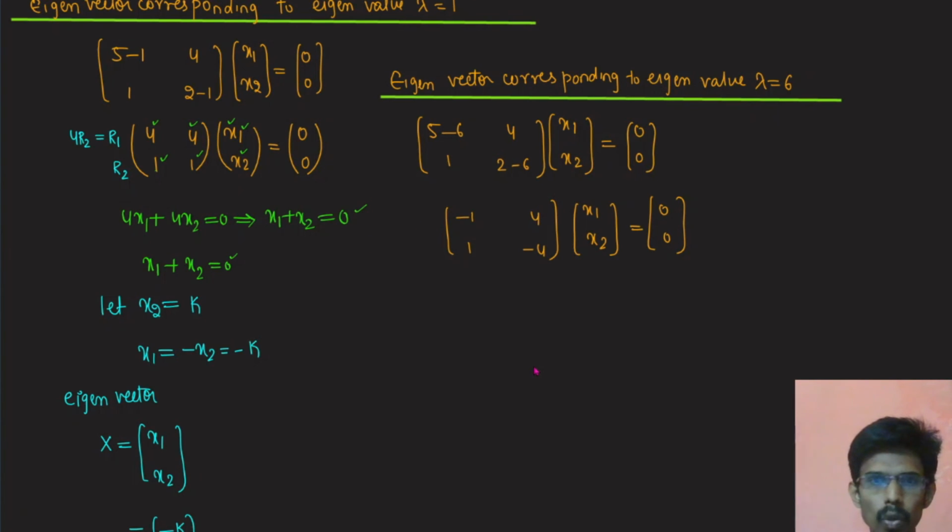Now consider this column 1, this is column 2. If I take 4 common from this column, then this C2 will be 4 times of C1, correct? And signs are opposite. So I can take this column 2 as minus 4 C1. It means that these two equations will be same, right?